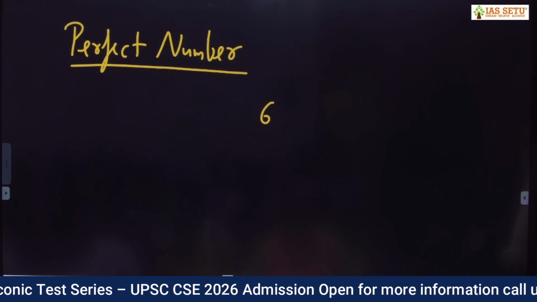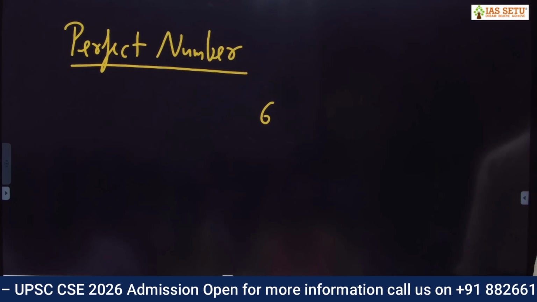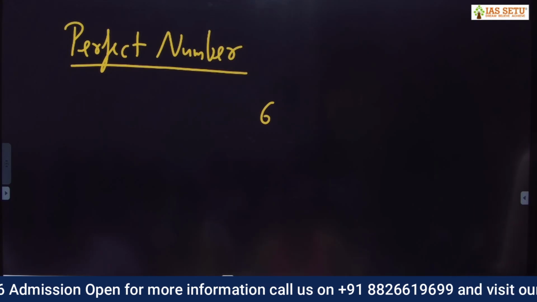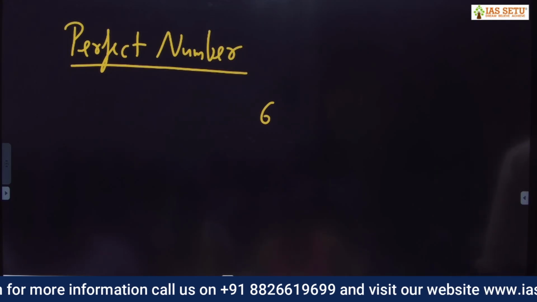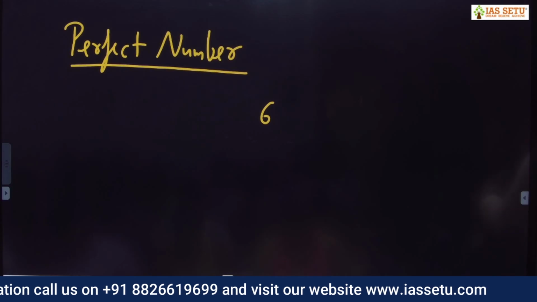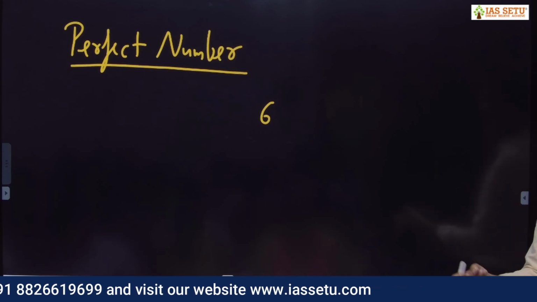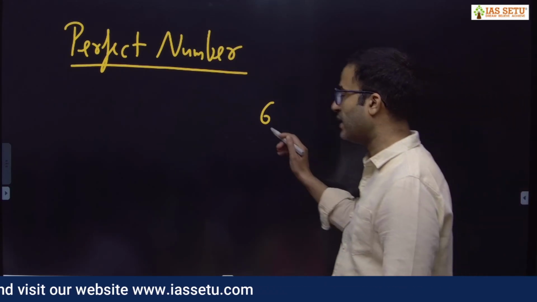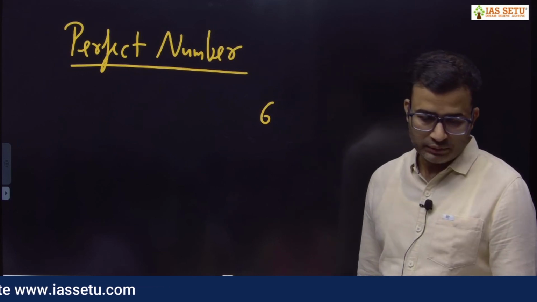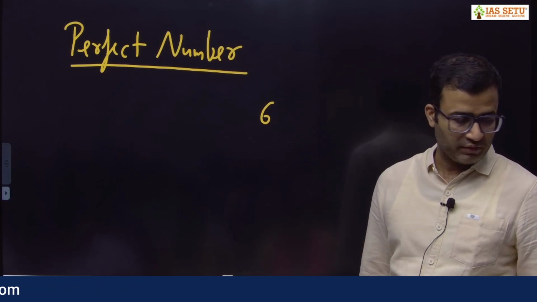If the sum of the factors of any number is double the number, then the given number is a perfect number, meaning the number being discussed is a perfect number. Example like 6.